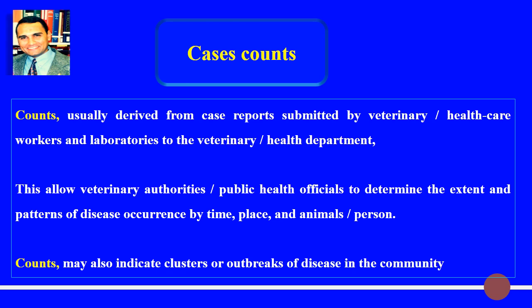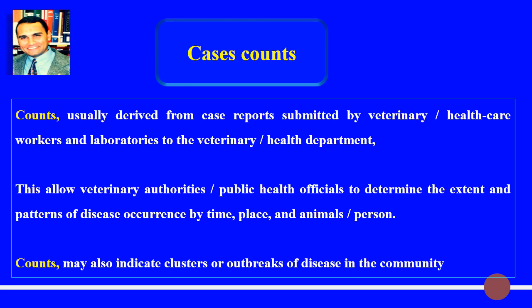This allows infectious disease and public health authorities to determine the extent and patterns of disease occurrence by time, place, and animals or persons. This may also indicate clusters or outbreaks of the disease in the populations.